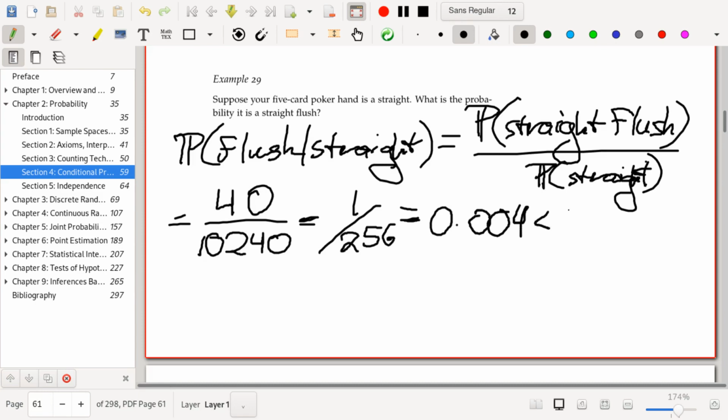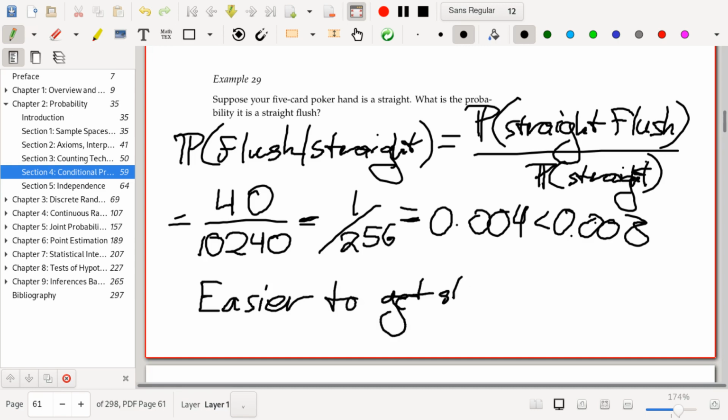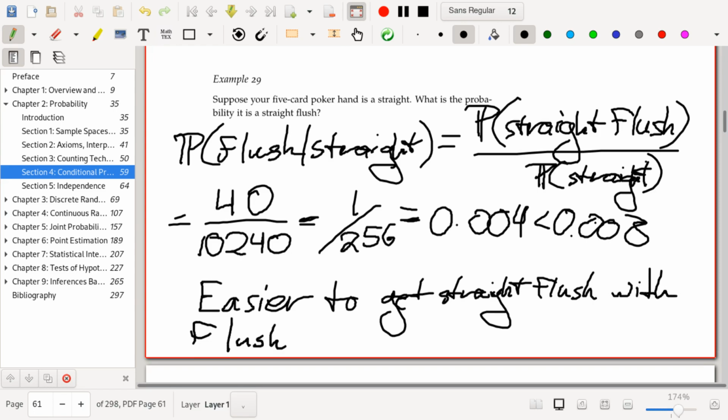And for what it's worth, that is less than 0.008, which was the probability of getting a straight flush if you already had a flush. That suggests the hard part of getting a straight flush is the flush. So it's easier to get a straight flush with a straight than with a flush.